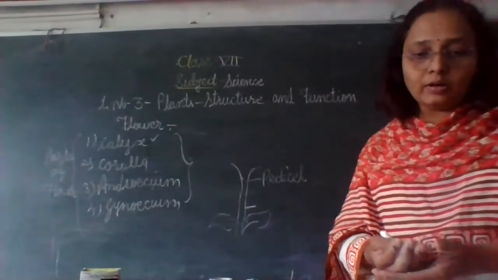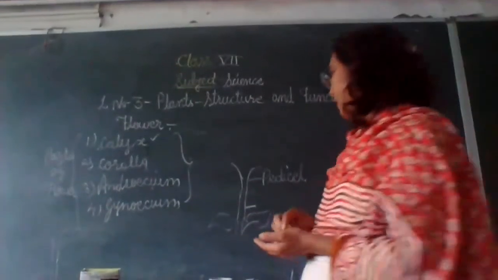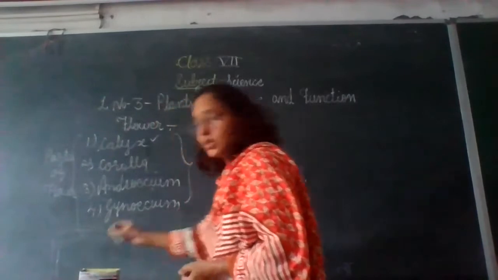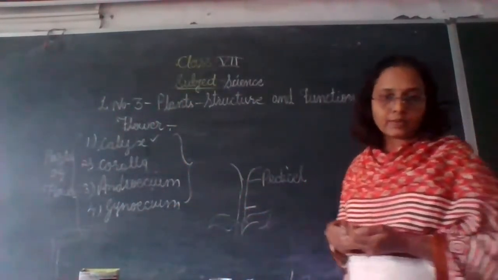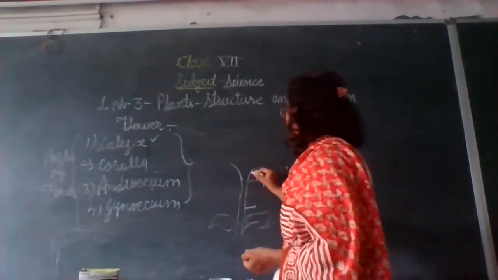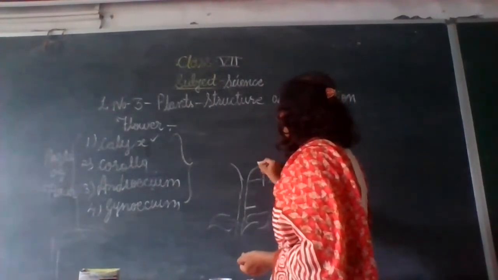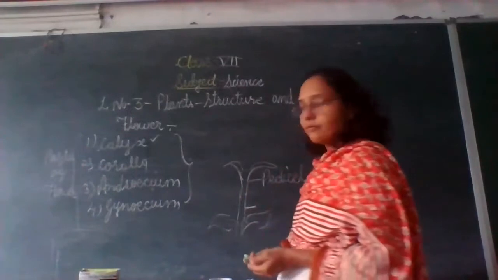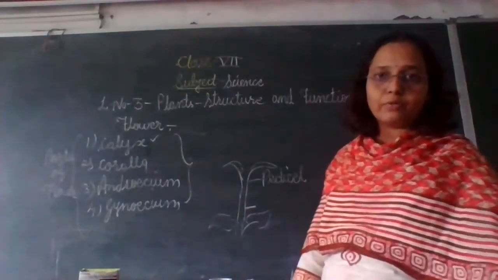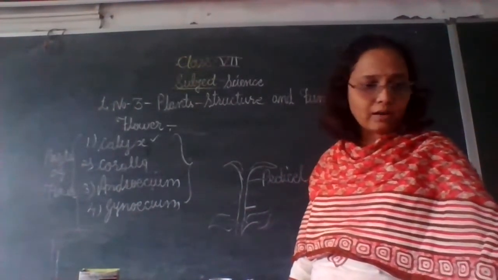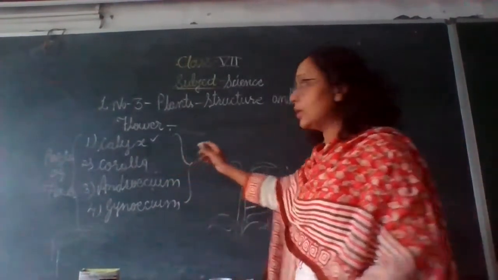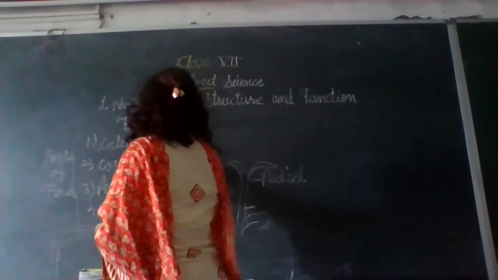They form the calyx. So when the flower is in bud condition, the calyx is there. It's a green colored portion. In some flowers they are 5 in number, in some flowers they are 4 in number, that we call the calyx or the sepals.